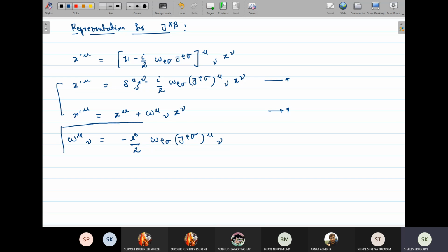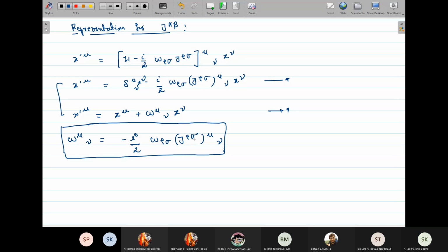So our J rho sigma should be such that if I take its mu nu-th entry and contract with omega rho sigma, then I will get omega mu nu. Here we need to remember that whatever form J rho sigma may have, it must be antisymmetric in rho sigma.